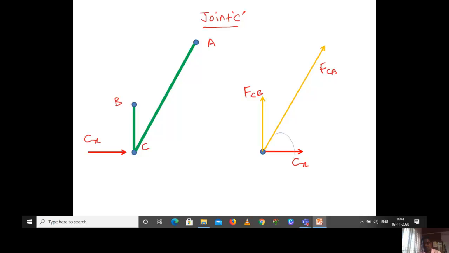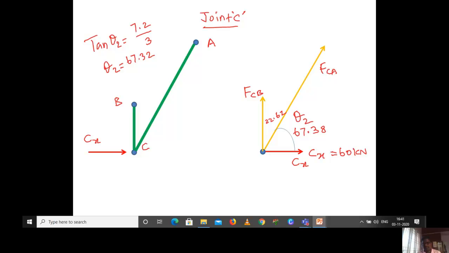In the same way we can calculate the angle. We have already calculated that tan theta 2 is 7.2 by 3. So tan inverse of 7.2 by 3, you will get theta 2 equal to 67.38.